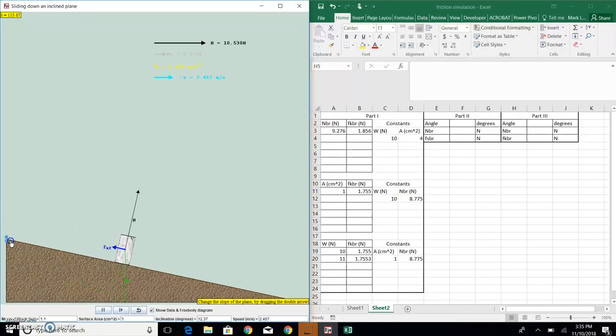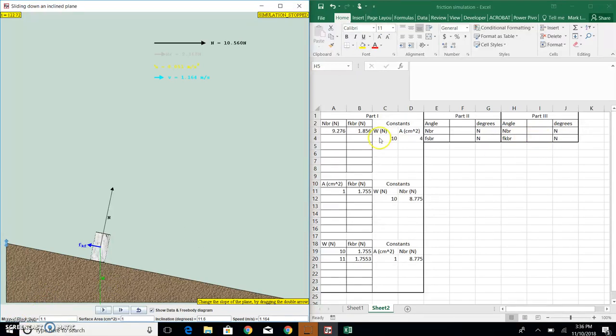I need to lower this down evidently so my acceleration goes to 0, and again I can kind of tune it, and you can pause it and play around with the angle. But you need to record that angle, you need to record what the normal force is, and you need to figure out what the friction force is, again, which would be equal to the x component of the weight if it's going at constant speed. There's no acceleration.